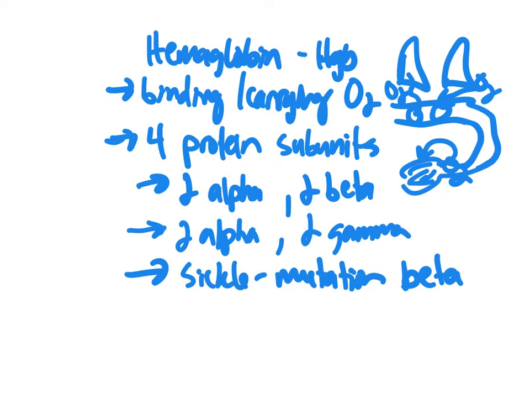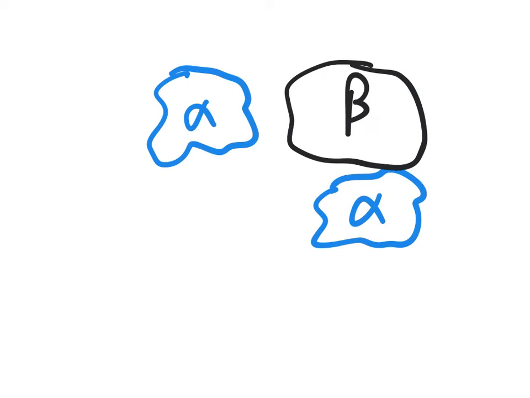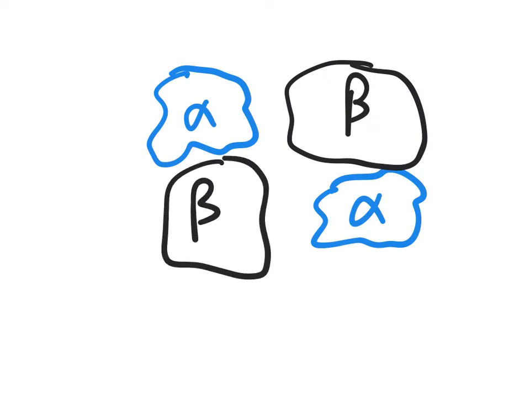So, for example, if we just draw a little picture here, we could say that you've got an alpha here and an alpha here, let's say, and then we've got a beta here and a beta here, and of course they're all bound to each other.